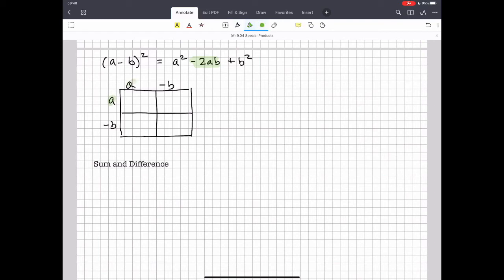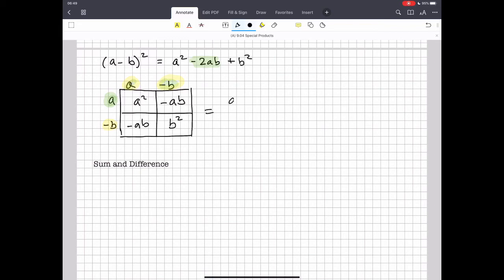So a times a is a squared. A times negative b is negative ab. Negative b times a is negative ab. And negative b times negative b is b squared.